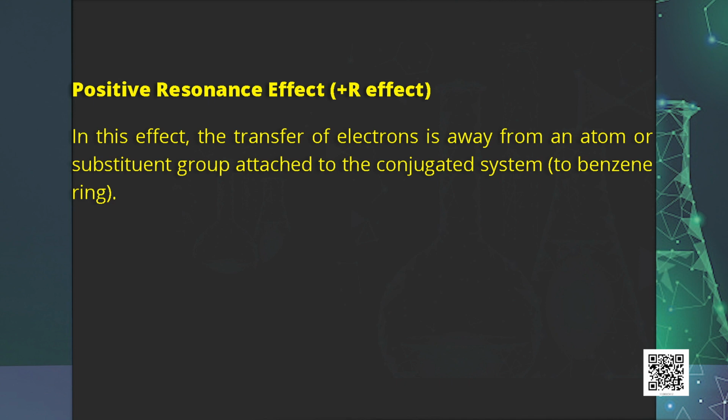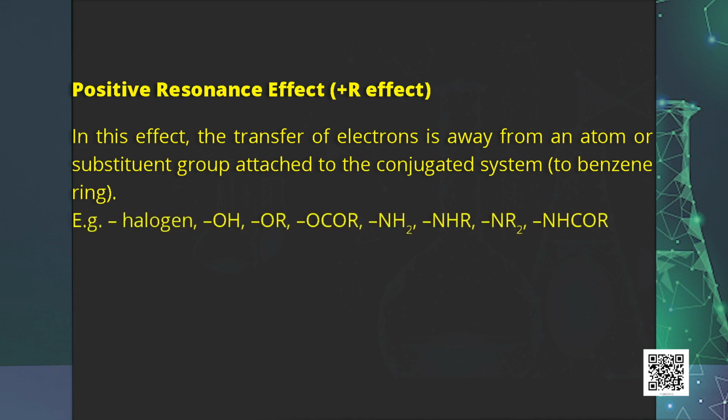Substituents having positive resonance effect are halo group, hydroxyl group, ester group, amino group, etc. This effect is observed in the case of phenol, aniline and many other organic compounds. So, here learners, we are running a small video. You can see clearly how positive resonance effect operates in the case of aniline.